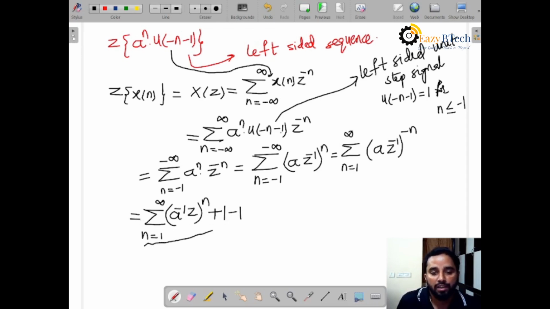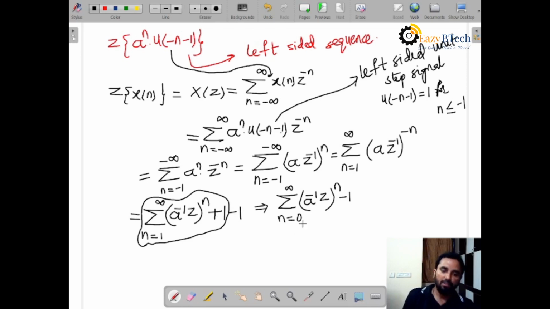Now combinedly, the next step I can write as summation n is equal to 0 to infinity a inverse z power n, and minus 1 as usual. Now this is like c power n, so 1 by 1 minus c, 1 by 1 minus a inverse z, and minus 1 as usual. And what about ROC here?